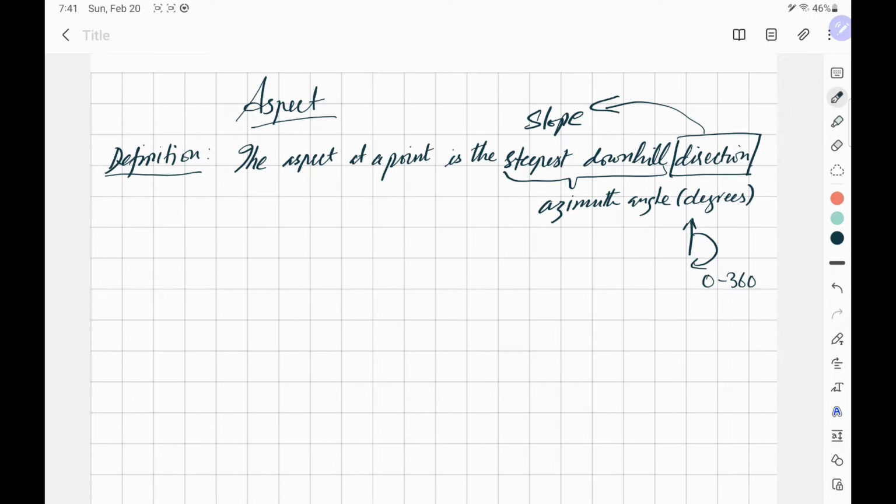Now let's define aspect from ArcGIS. So we have another definition of aspect.